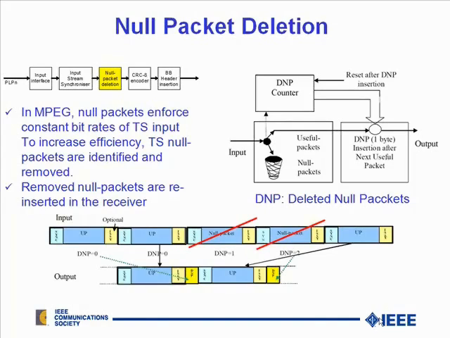As you can see from the picture below, we start from an input where we have different data packets and some null packets. These null packets are removed, and the DNP, deleted null packet, bytes are inserted instead of the null packets.